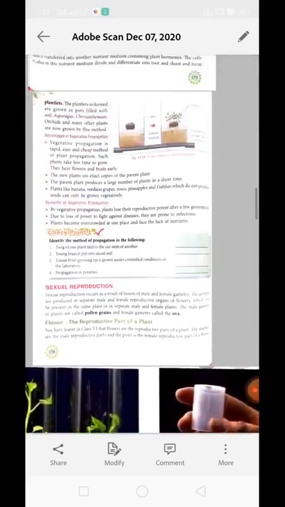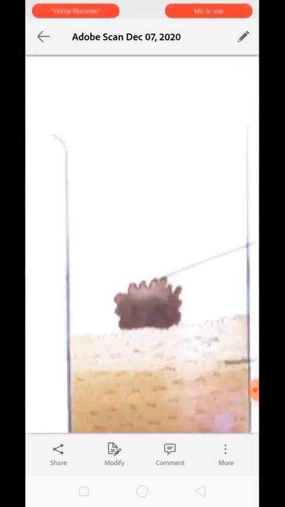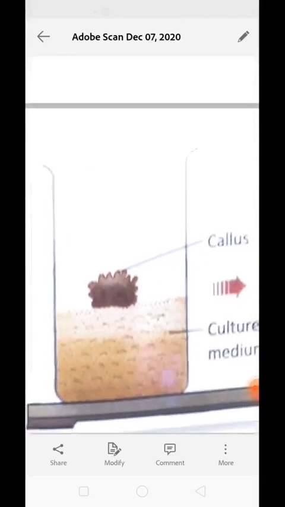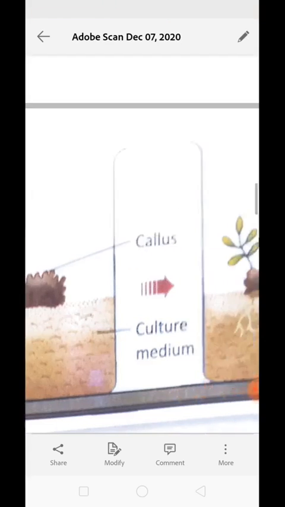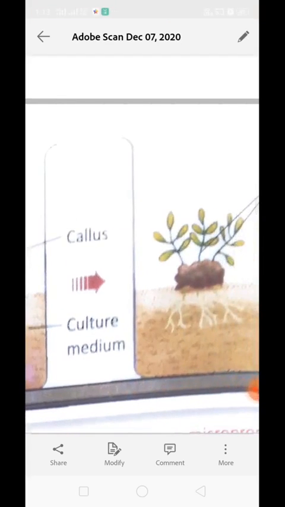The cells of the tissue start to divide rapidly to form an unorganized mass of cells, and that is called callus. You can see this mass of cells which is present in the test tube is known as callus.